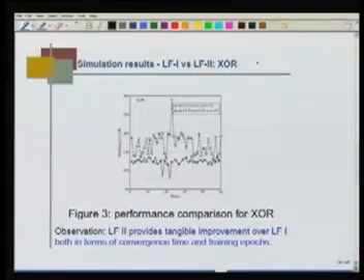So, you see that the first one, what we have done here for XOR function, we took a feed forward neural network, that is a multi-layered neural network, and using that neural network, we started from different initial conditions W, and for every run we wanted to see how many training epochs were necessary for each algorithm for convergence.